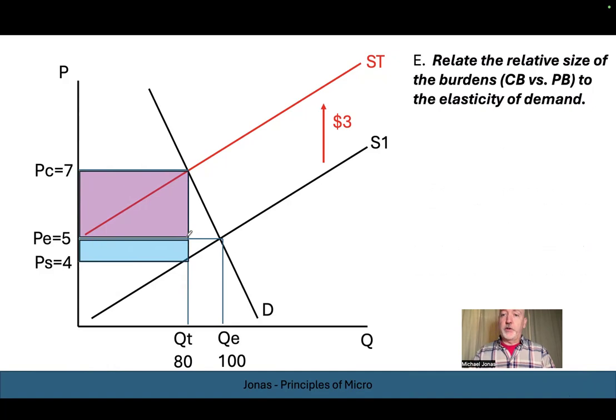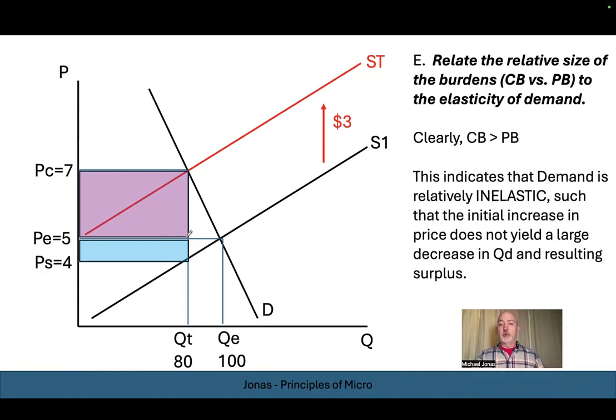Now, the follow-up question. We need to relate the relative size of the burdens, the consumer versus the producer, to that elasticity of demand, right? To the relative elasticities on the two sides of the market. So obviously, the consumer burden is larger than the producer burden. What does that have to do with elasticity?